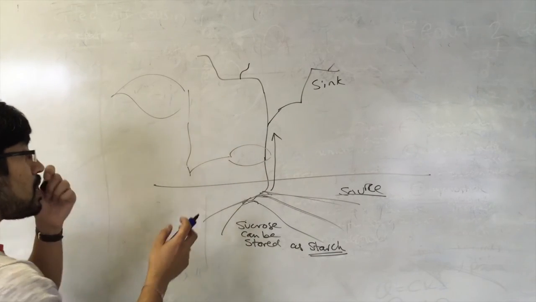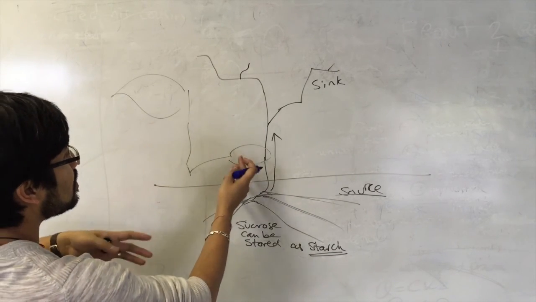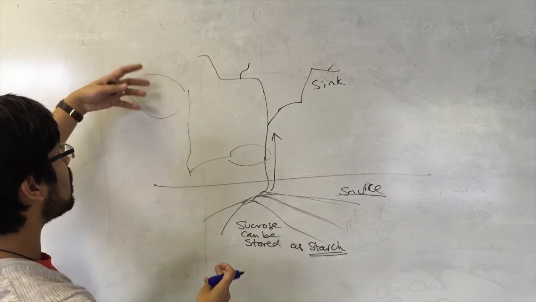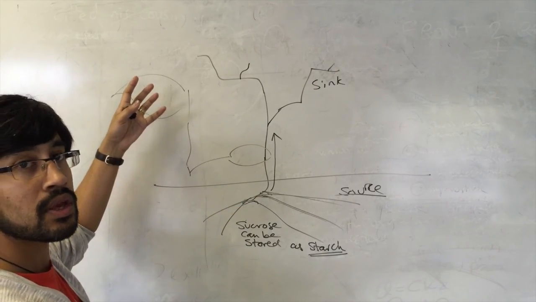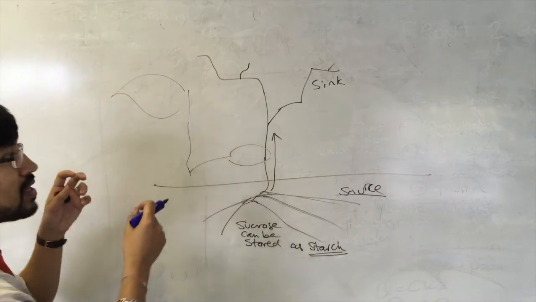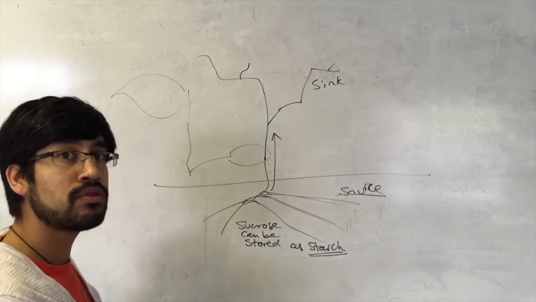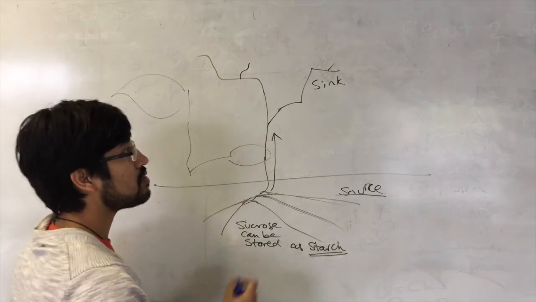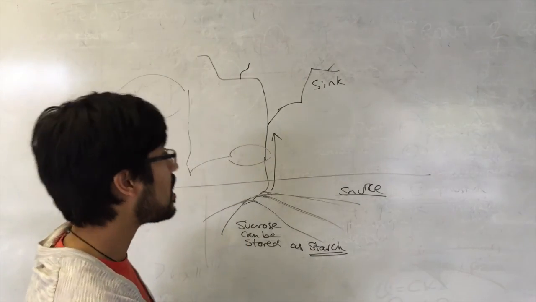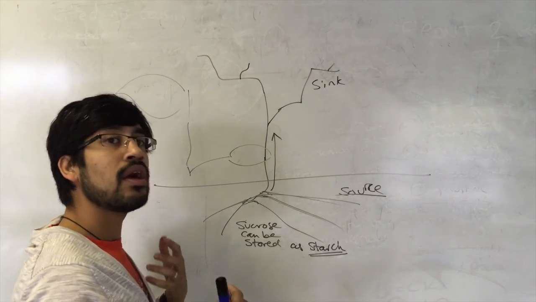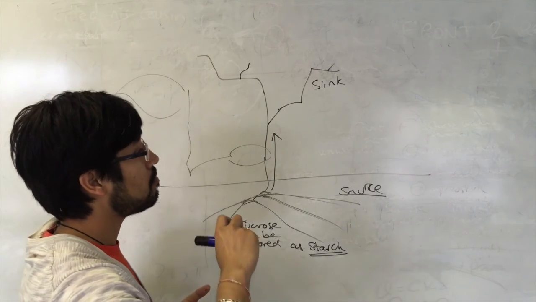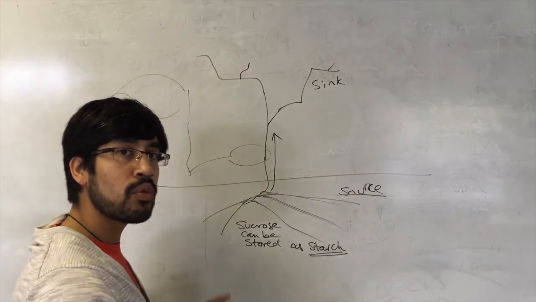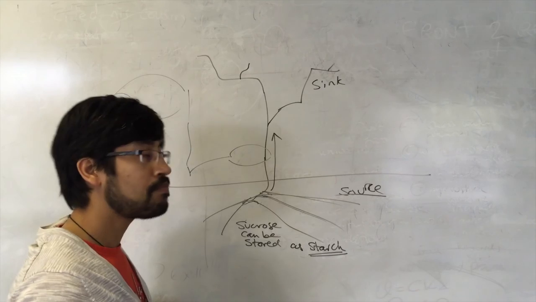In that case, this leaf might also be a sink compared to that one being a source. It all depends on which part of the plant is able to generate more sucrose. So while in most situations leaves are sources and roots are sinks, remember that it's not always that simple.